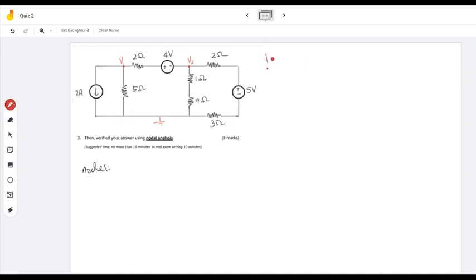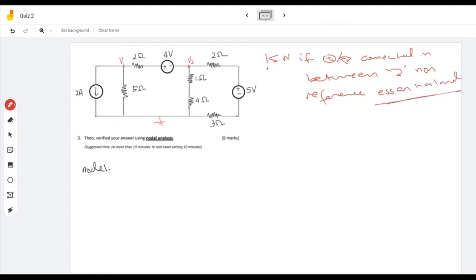Please remember, you can only see a supernode if there is a voltage source, whether dependent or independent, connected in between two non-reference essential nodes. This is important: essential node.